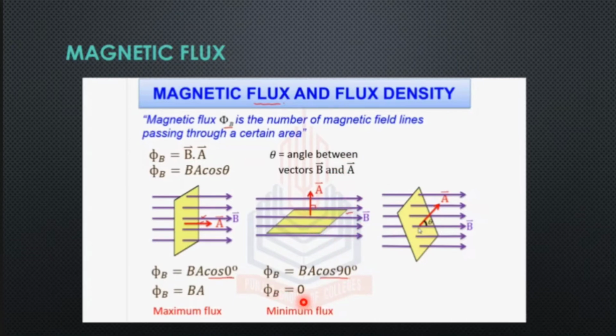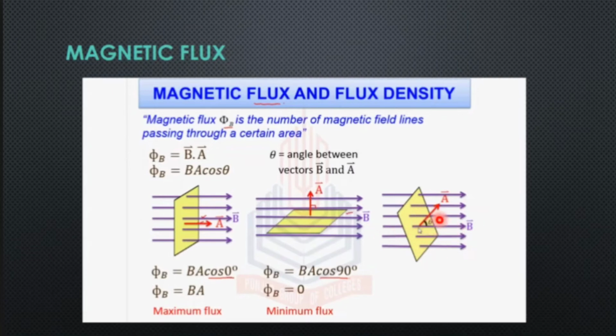Whenever the magnetic field is perpendicular to the given area, it gives the minimum flux of 0. And in the third diagram here, the surface area is slightly slanted and the magnetic field lines are going this way. So the A here stands for the area, the direction of the area, and this way is the magnetic field.